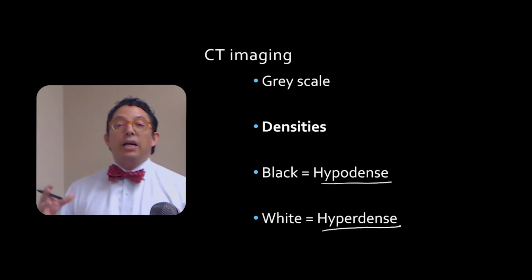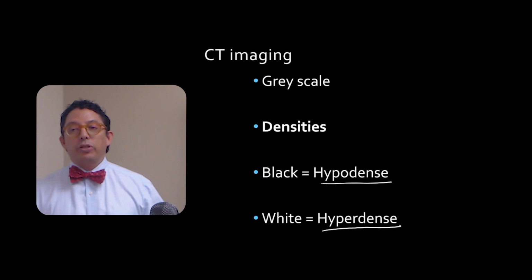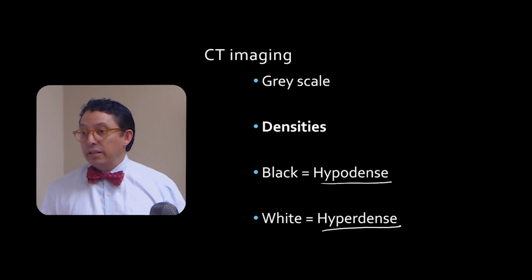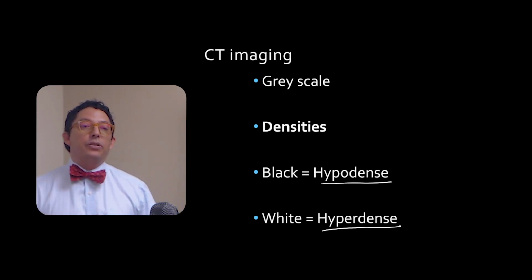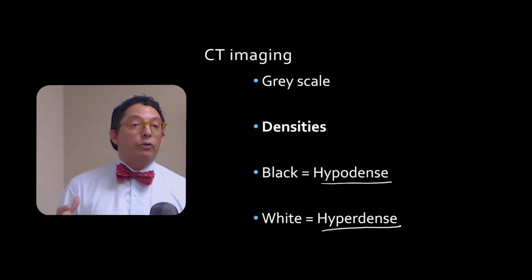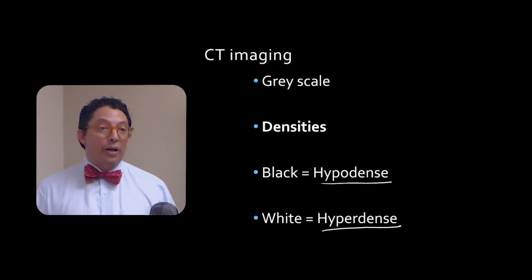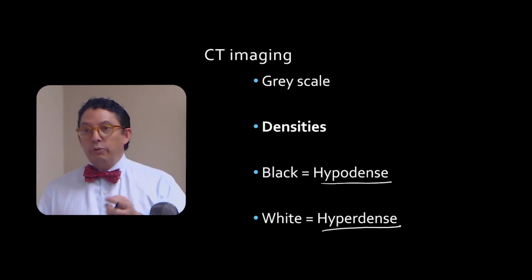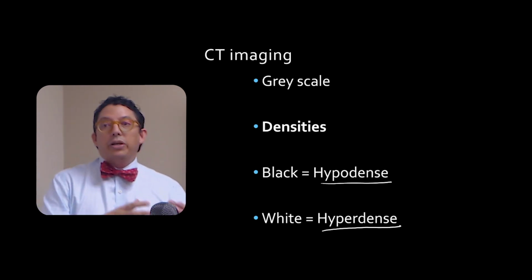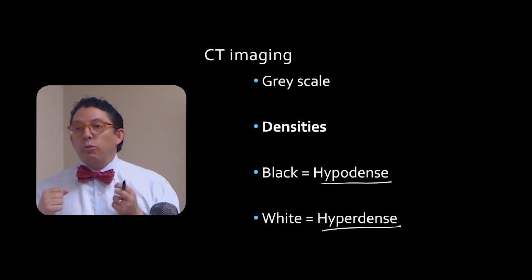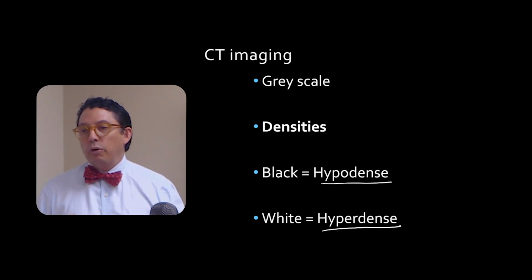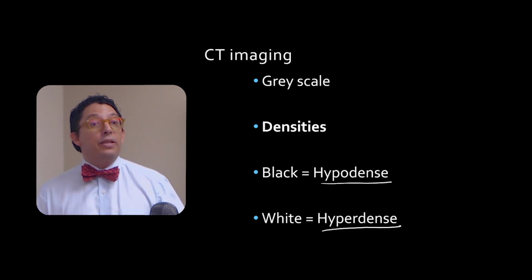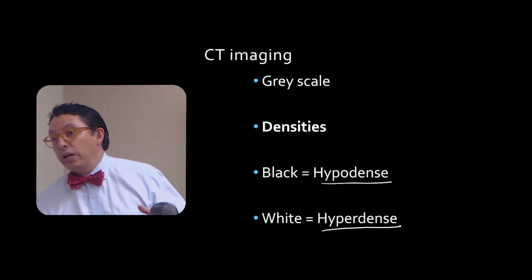This is how we speak about something being whiter or darker than a structure when we're reading CTs. Usually when you say that something is hypo or hyperdense, you have to have a reference. It has to be hyper or hypodense in relation to the bone, in relation to air, in relation to the white matter. Typically we have to have that reference when we speak about it. Or you can use a relationship to another lesion. So this is hyperdense in relation to this other lesion.